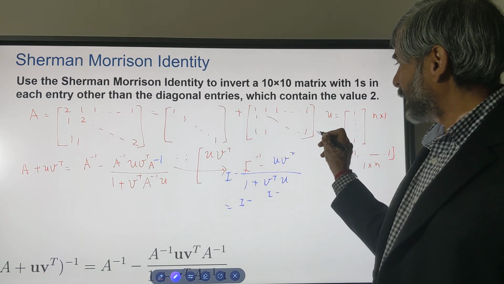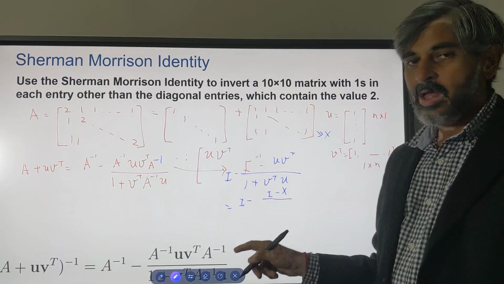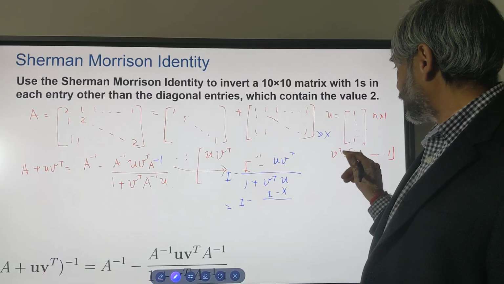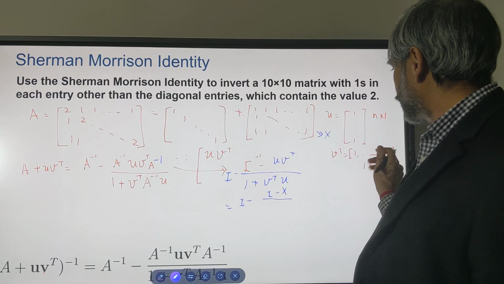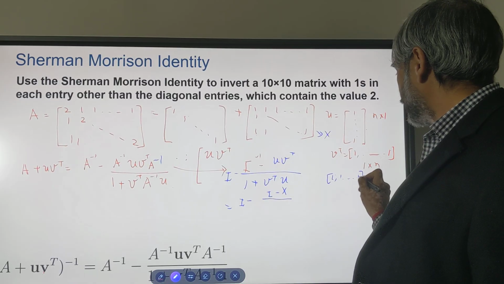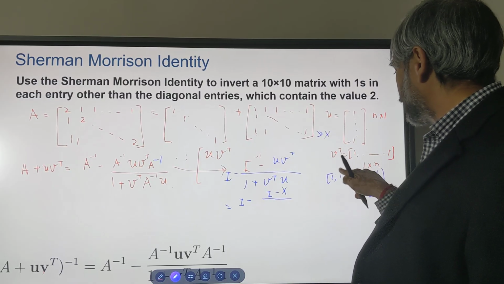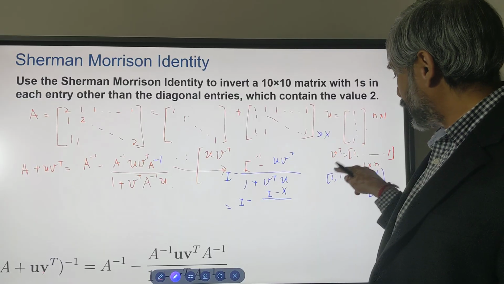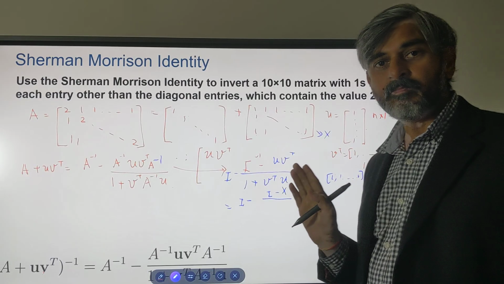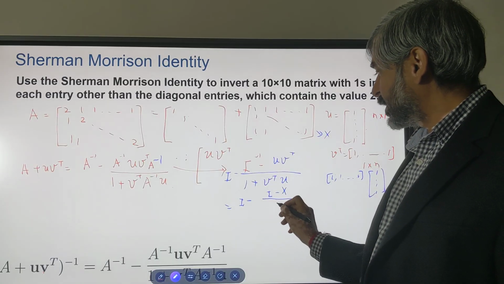Let's call it the X matrix: I minus X divided by, now V transpose is 1 1 1, all 10 times, multiplied by this 1 1 1 1 matrix. This is simply a scalar: you multiply these 1's, so 1 into 1 plus 1 into 1, etc., and this becomes 10. So 1 plus 10 becomes 11.